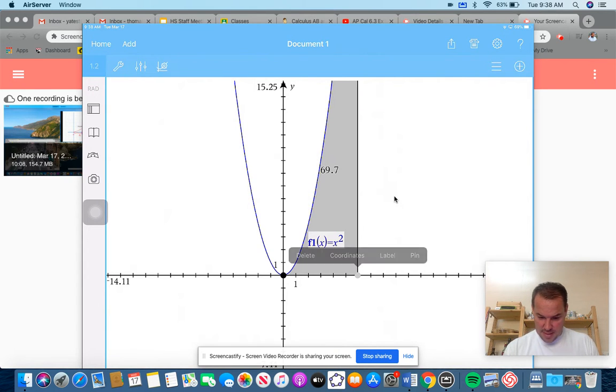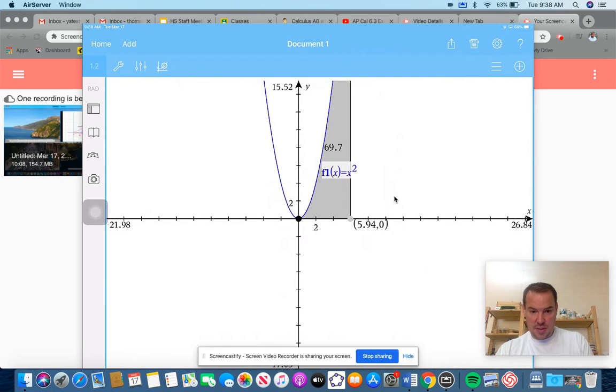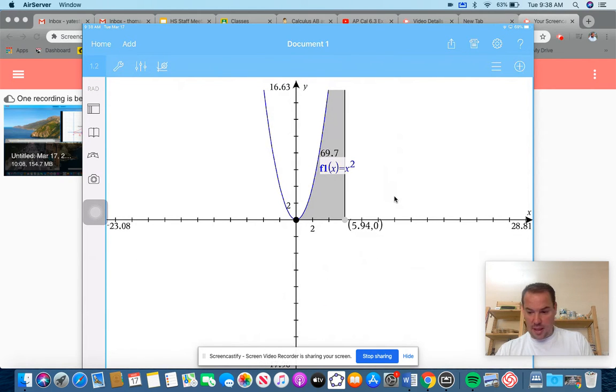And I can even just test that bound. What are the coordinates of it? It would tell me. As you can see, I'm not quite at 6. And then the 69.7 is actually the area. That's the area of 0 to 5.49. This thing is just slick on how it moves. And then basically it has the feature of I can go between that and my graph and my calculation.